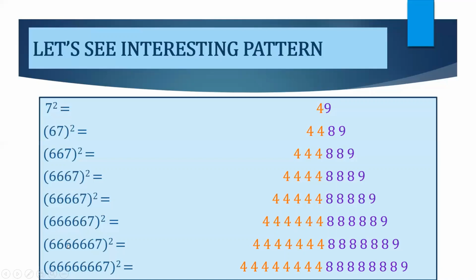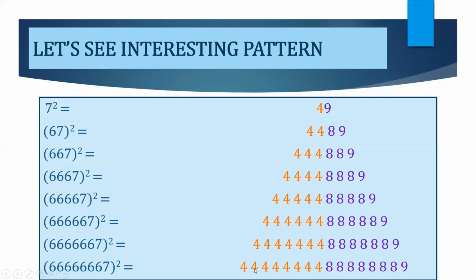Same, here we have 6 appearing 6 times, then in the square 4 appears 7 times, that is 6 plus 1, and 8 appears 6 times. Same over here we have 6 appearing 7 times, then 4 will appear 7 plus 1, that is 8 times, and 8 will appear 7 times.